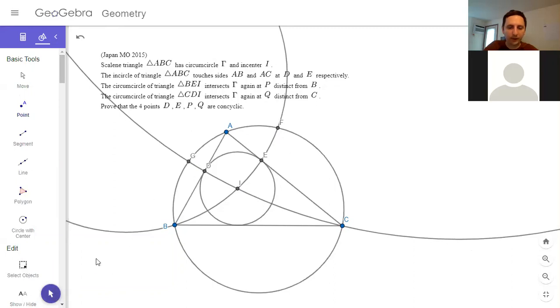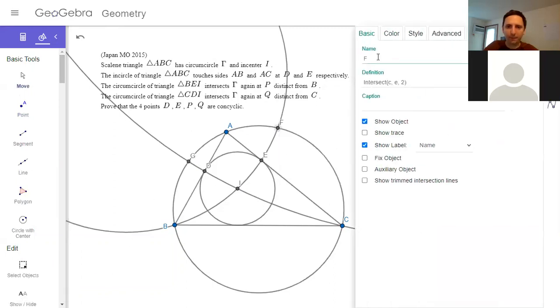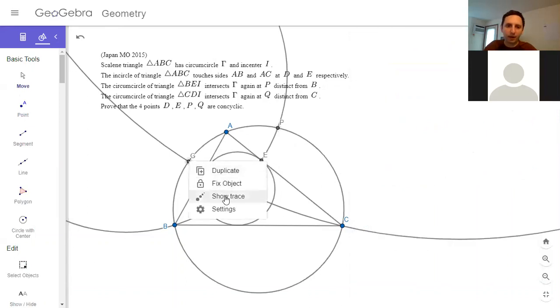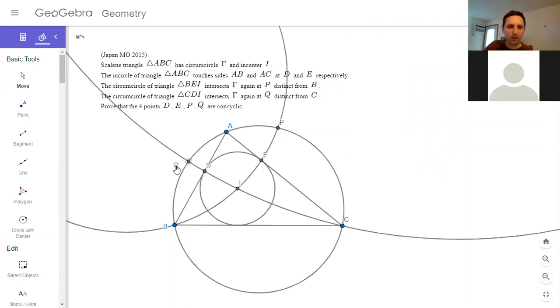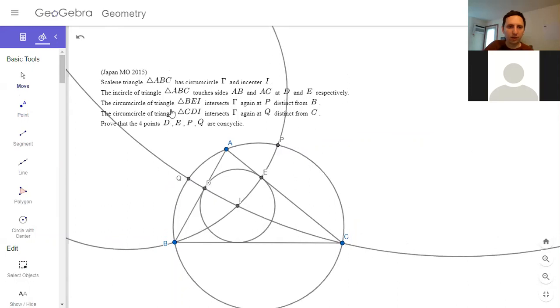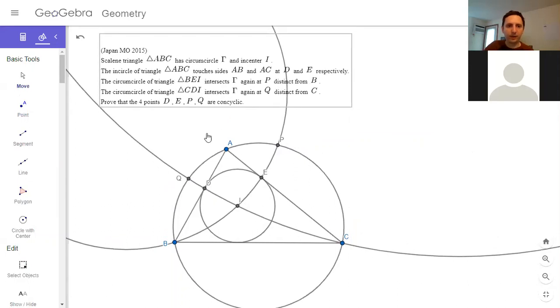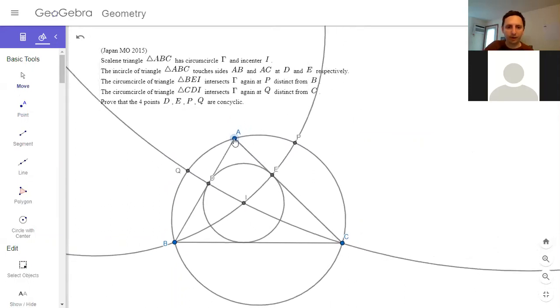We want to show that DEPQ is cyclic. So that's P. This is Q. We show that DEPQ is cyclic.